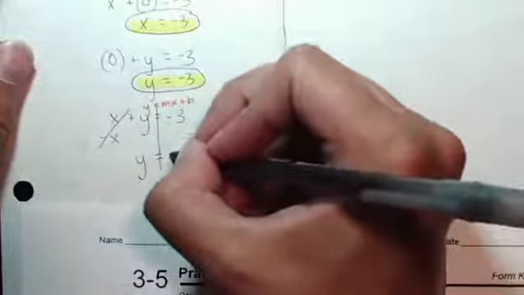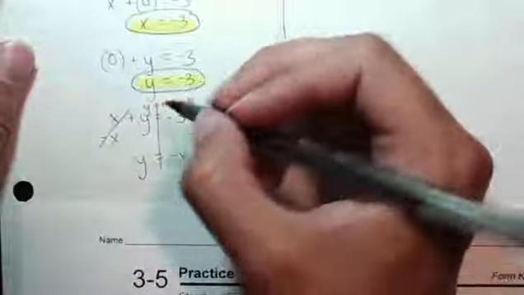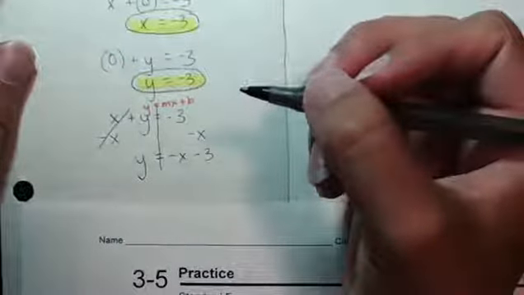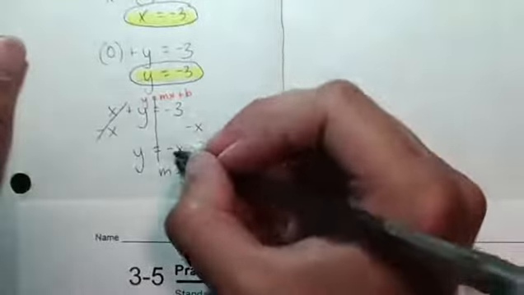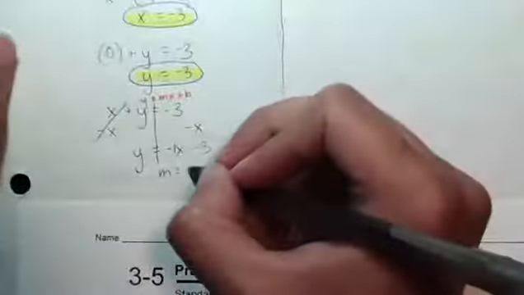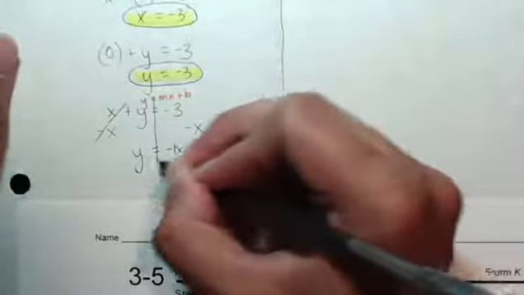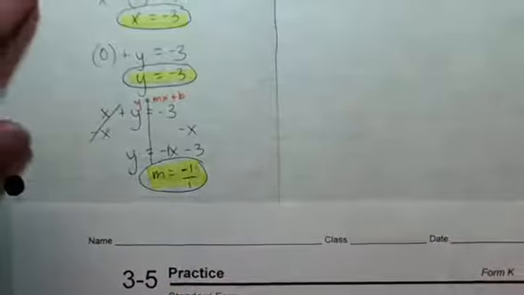I need to get the y on this side, so I'm going to subtract x on both sides, and I end up having y is equal to -x minus 3. That's my equation. So the slope here is going to be what? There's really a -1 in front, so it should be just -1 over 1. So that's what I needed to solve for number 1.